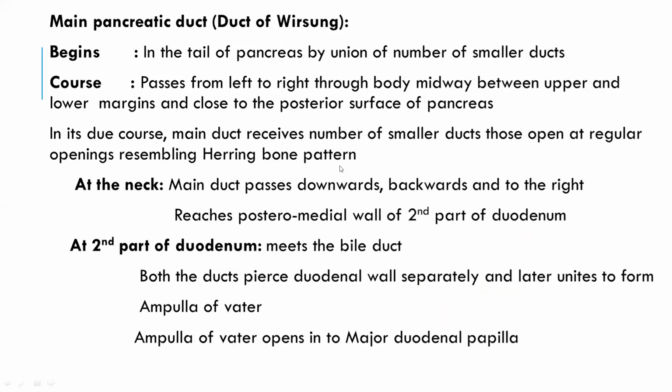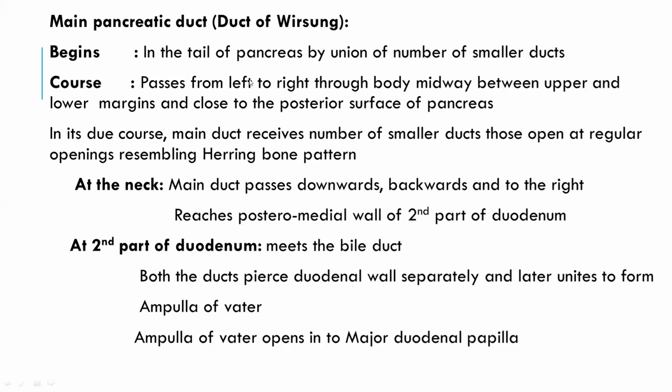So you'll see how the major pancreatic duct begins and where it finally opens. The main pancreatic duct, otherwise called the duct of Wirsung, which is 3 millimeters, begins within the tail of pancreas by union of a number of smaller ducts.